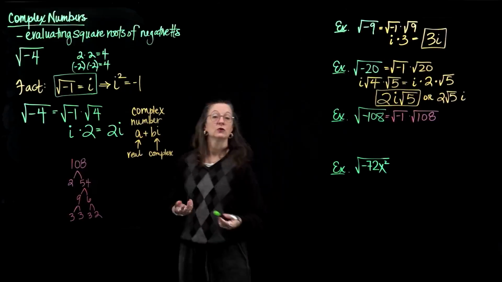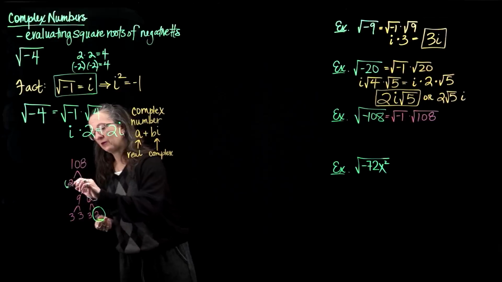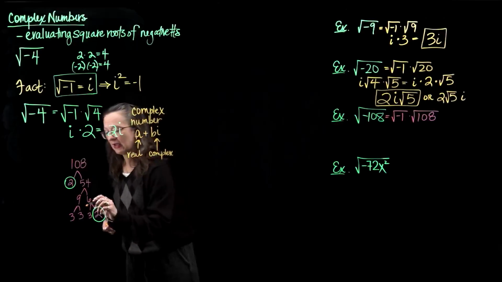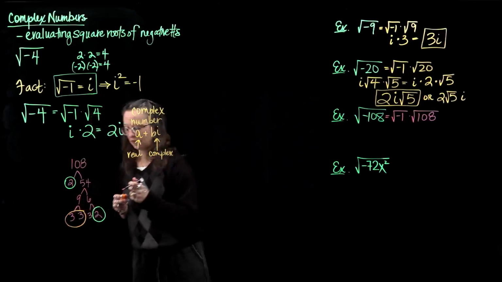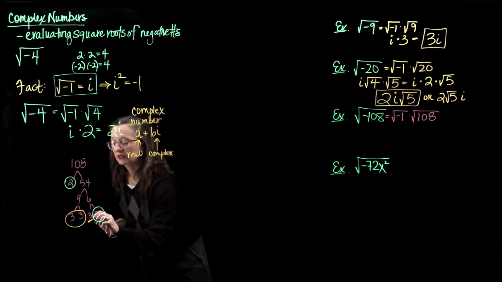Okay, so I'm looking for pairs of numbers. I have a pair of 2s that I'm going to circle, and then I have a pair of 3s that I'm going to circle. What's left is just that 3.